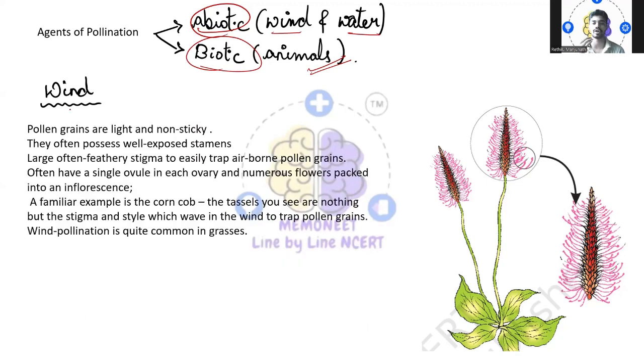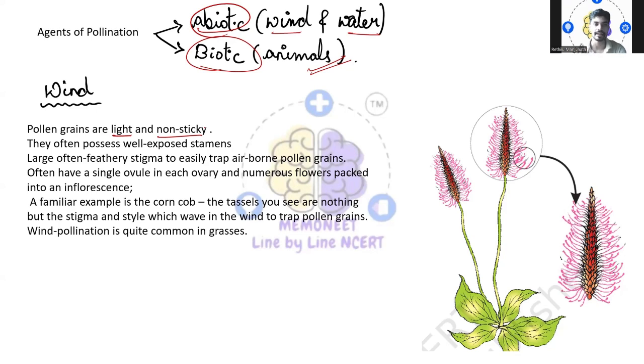When I'm talking about wind pollination, it's the most common mode of pollination among the abiotic modes. Wind pollination requires certain features of the pollen grains. The pollen grains that pollinate with the help of wind are light and non-sticky.